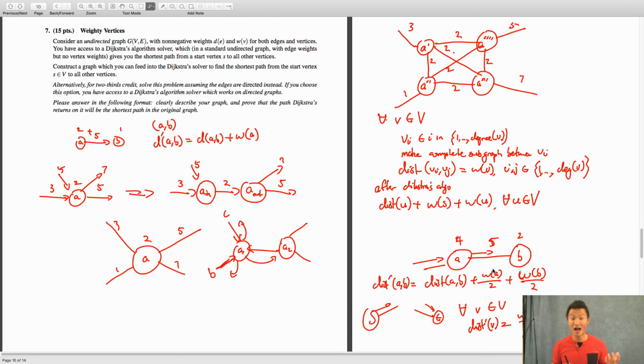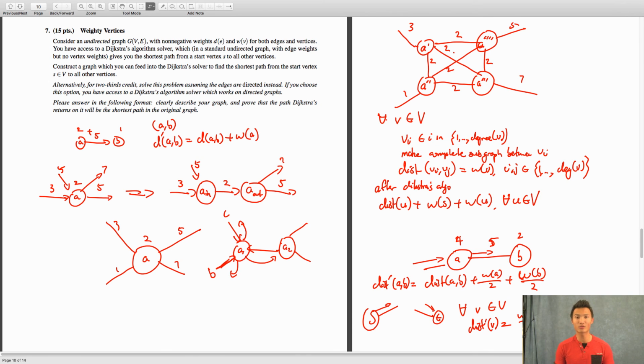All I'm going to do is distribute half of it to every edge. You take that edge and you grab half of the vertex weights from both vertices, or you can think of it as I had this vertex A and I take half the vertex weight and then distribute it to all of its edges. It's the same thing.